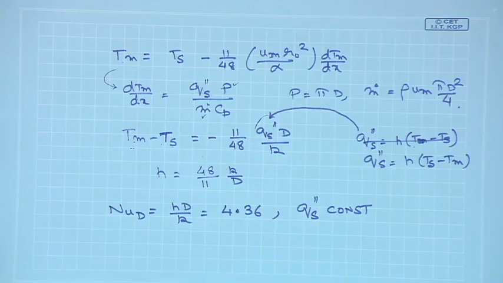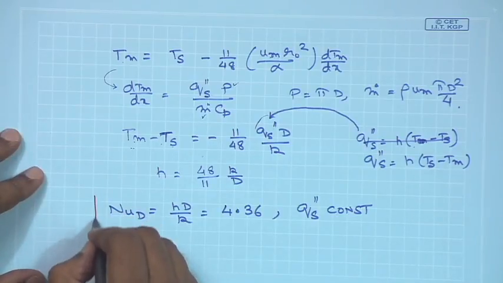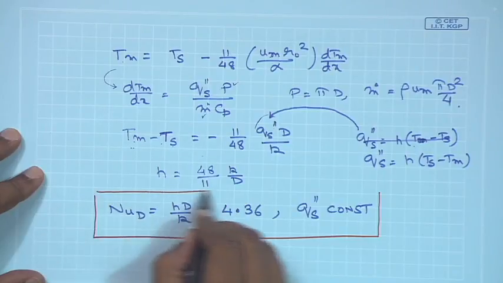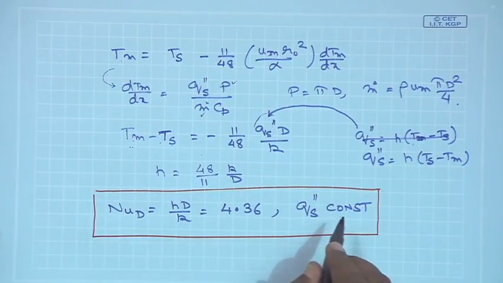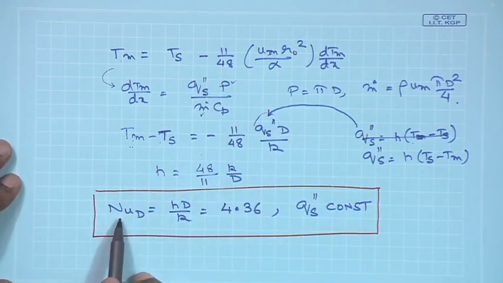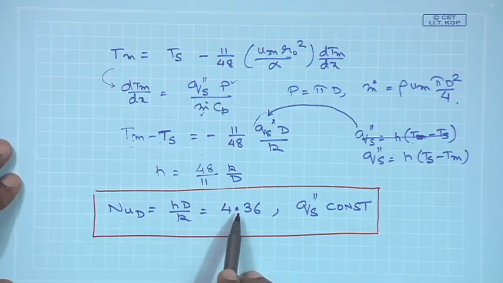Look at this expression. This is one of the very important relations that can simply be obtained by doing an analysis, which would give you the Nusselt number to be a constant.